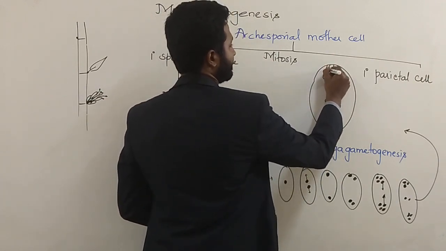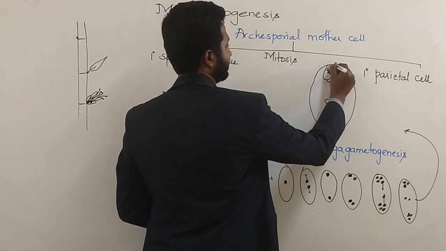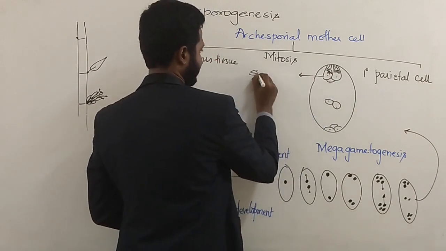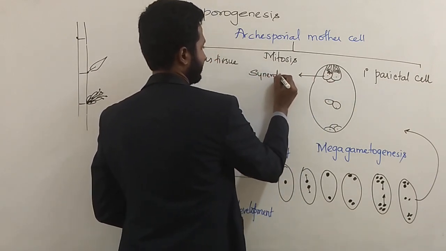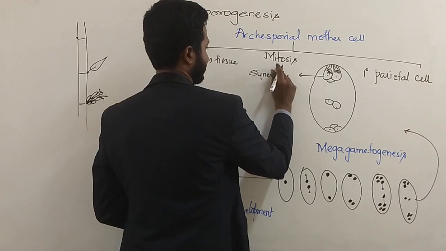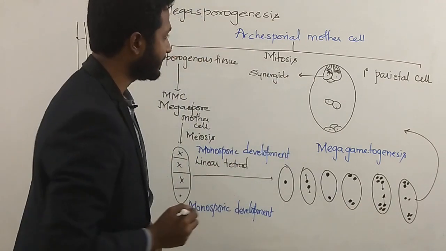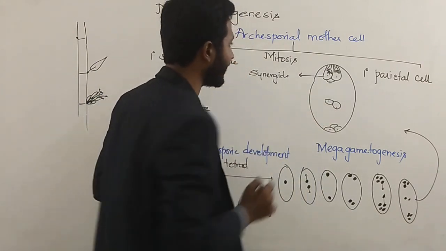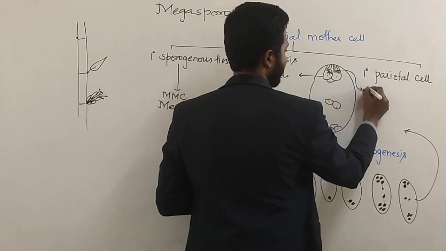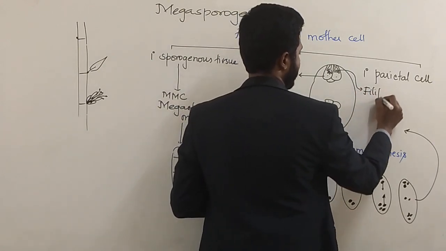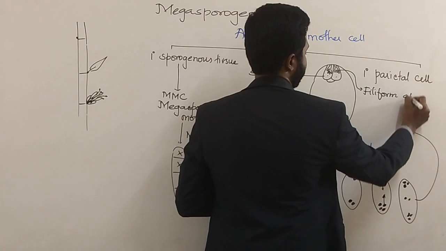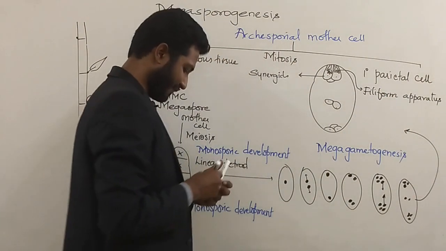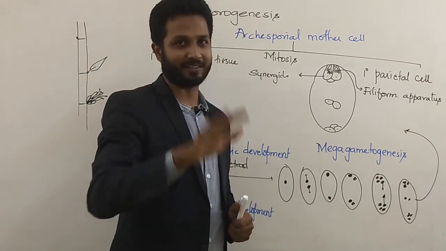These cells have got some peculiar features. The so-called synergids will have specialized finger-like appendages. These finger-like appendages are known as filiform apparatus. This filiform apparatus has a unique feature.